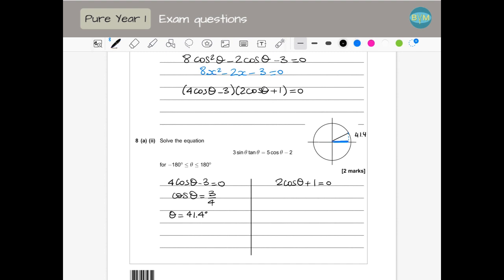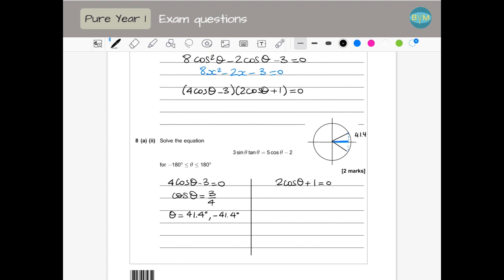So the other angle is going to be this one here, so the whole way, which is 360 minus 41.4, or if I have to write it in this interval, it's going to be the negative version, so minus 41.4. So my other solution is minus 41.4.